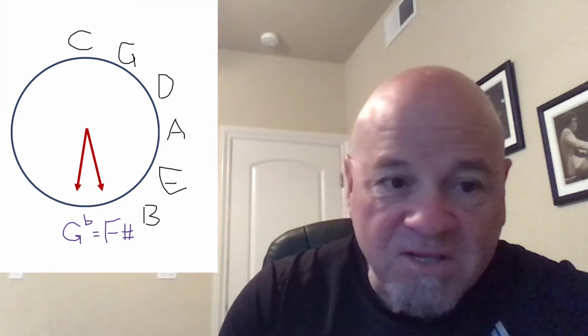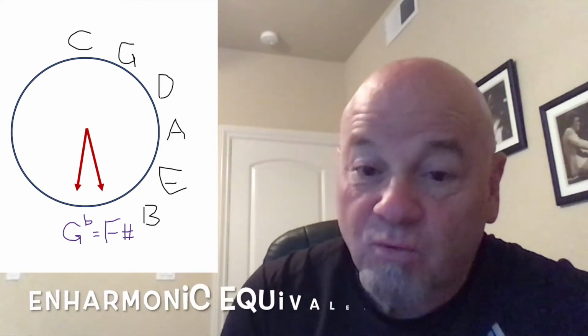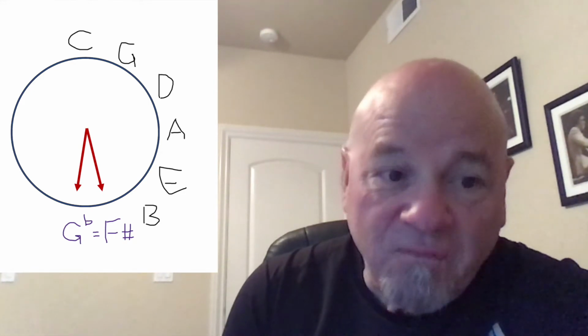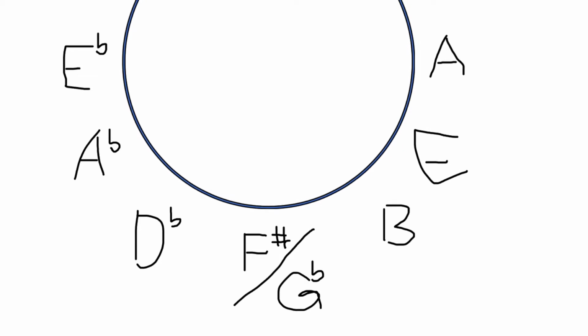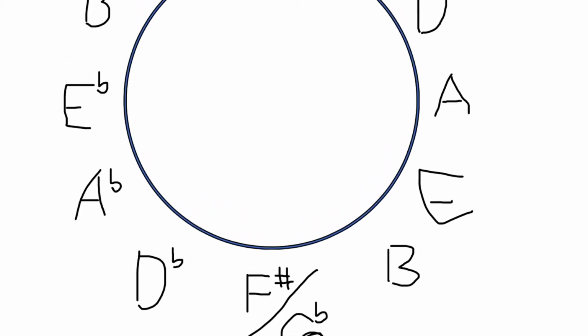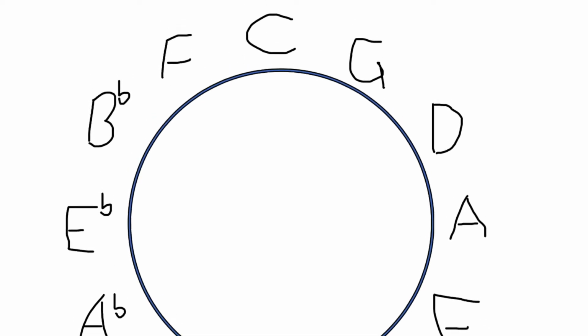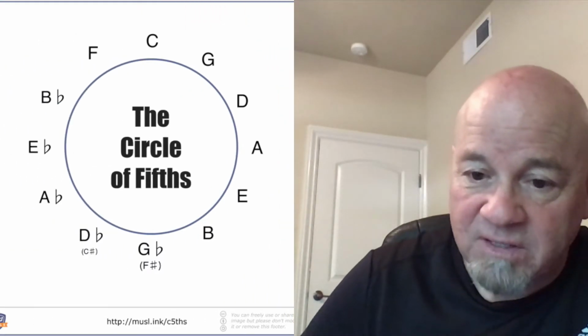That double name for the same note is called an enharmonic equivalent. So from here, we're going to continue with flat names, and we get D flat, A flat, E flat, B flat, F, and then we land on C. And it will look like this. Take a look at it, know it, love it, use it.